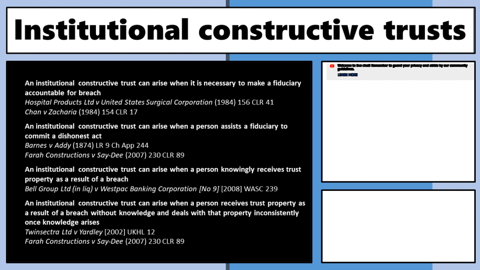Now, you ought to be aware by this stage of the distinction between a status-based fiduciary and a fact-based fiduciary. A status-based fiduciary relationship is one of the named known categories: trustee and beneficiary, employee, employer, company director to company, agent to principal.